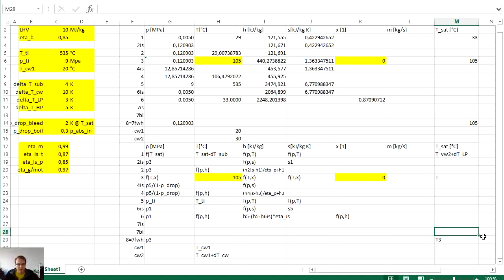So the saturated temperature, let's put it first here, will be temperature 7 plus this 2 degrees C pressure drop bleed.